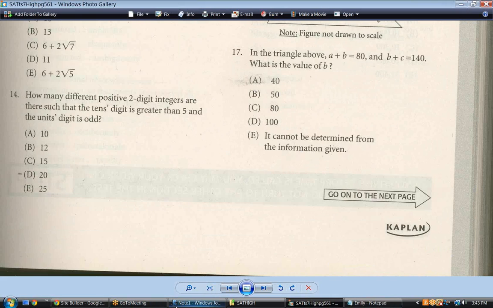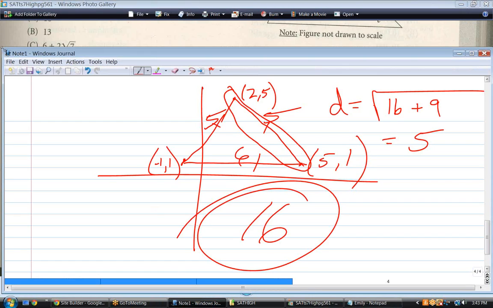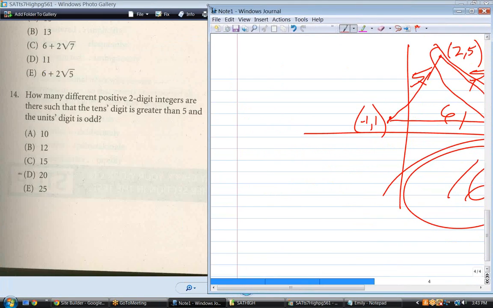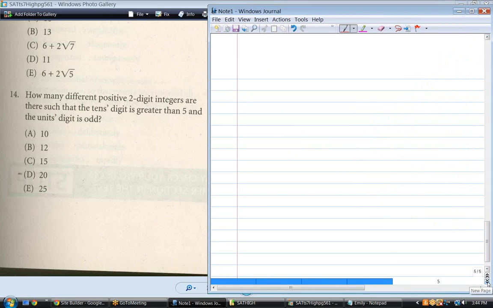How many positive two-digit integers are there such that the tens digit is greater than 5 and the units digit is odd? I don't like that. I don't like that at all.